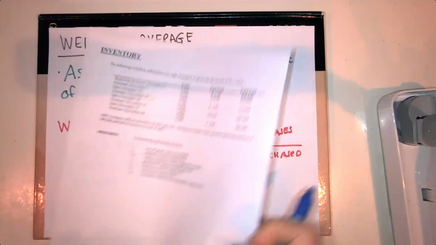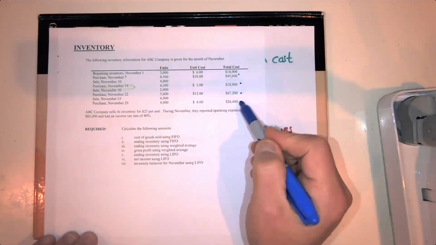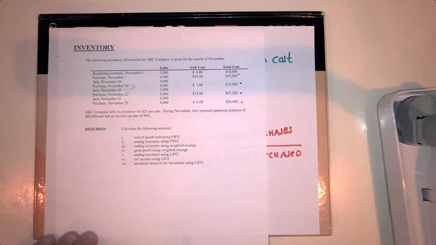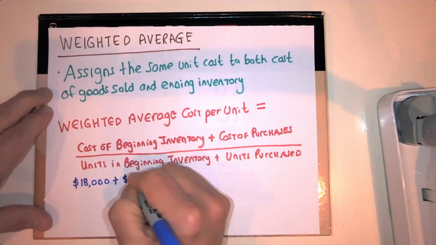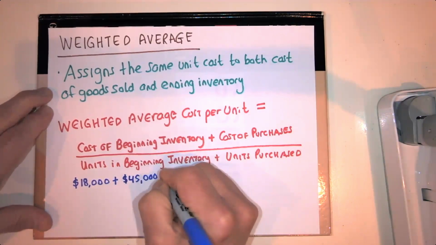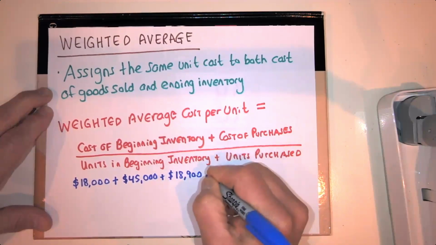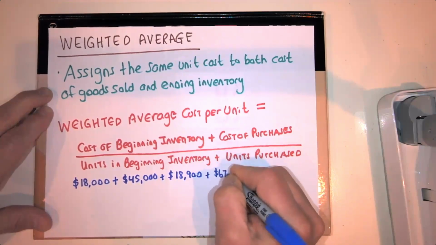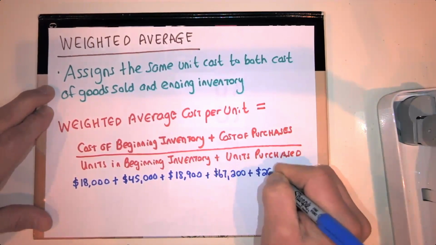Then we'll add to that all of the costs of purchasing inventory. So we'll add 45,000, 18,900, 67,200, and 26,400.